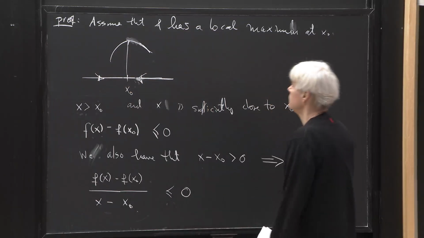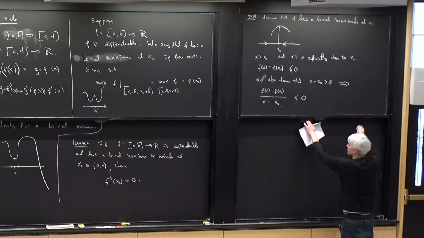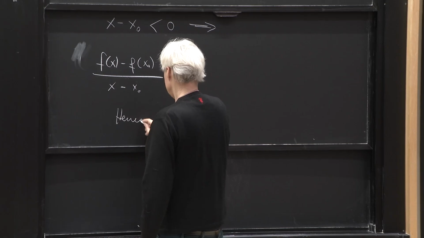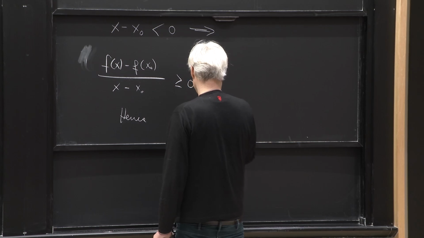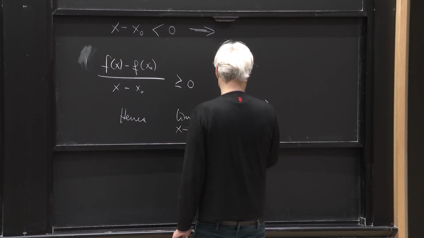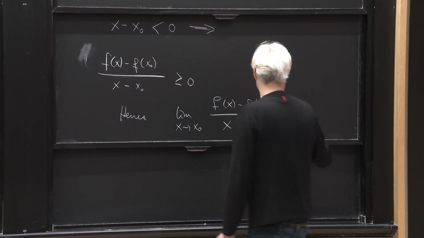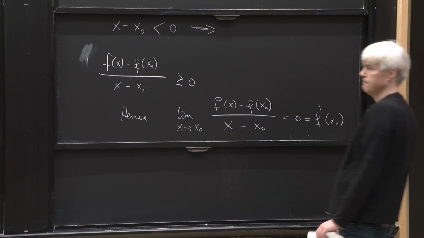So we conclude that the limit as x goes to x0 of the difference quotient must be 0. And so this is the derivative at that point.